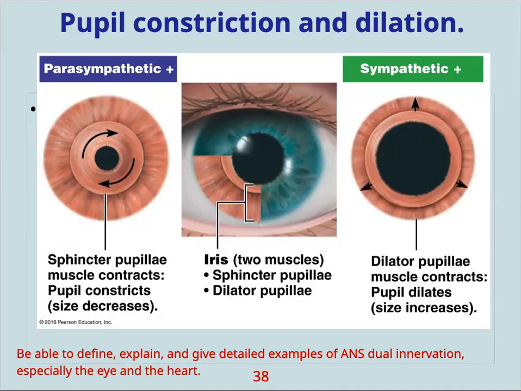When you are in the dark trying to get away from that tiger that's been chasing you, it helps for your pupils to dilate to let in more light. So sympathetic division allows for pupillary dilation, whereas parasympathetic division allows for pupillary constriction. So the two have opposing effects.